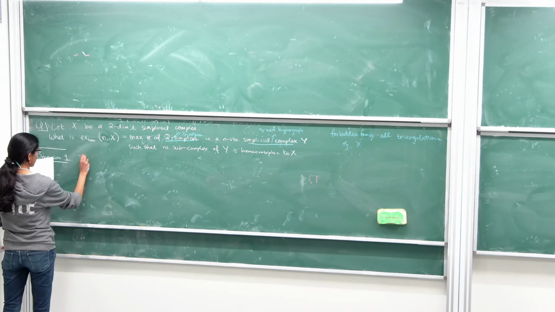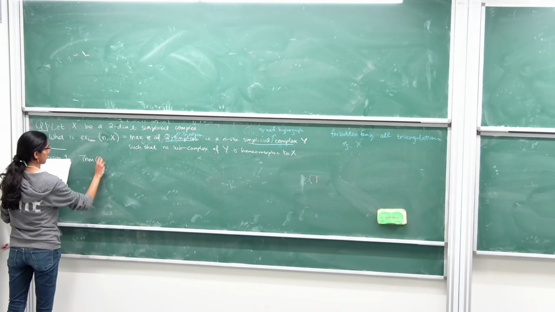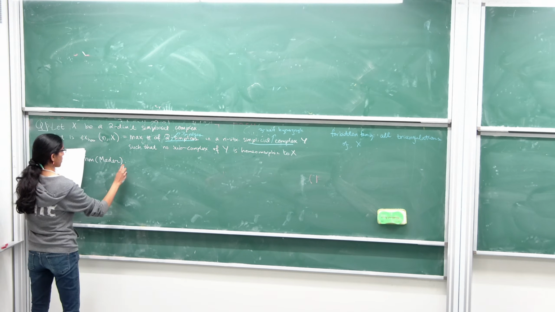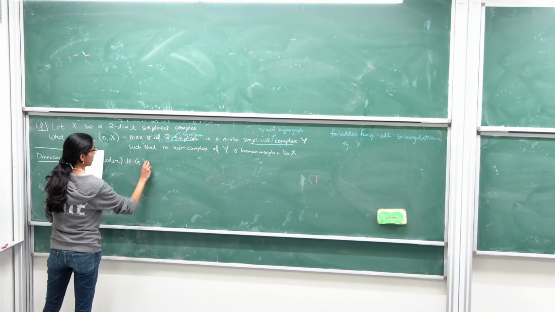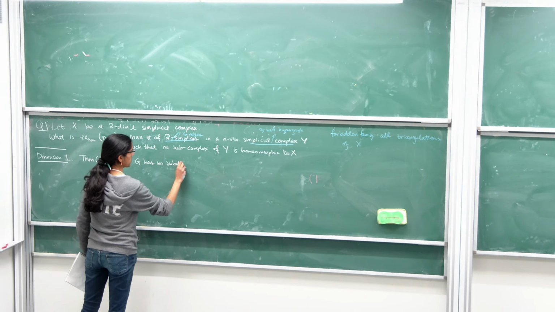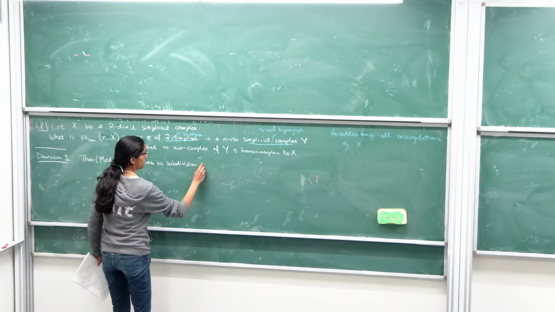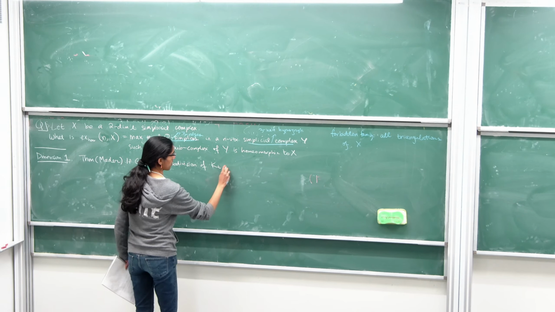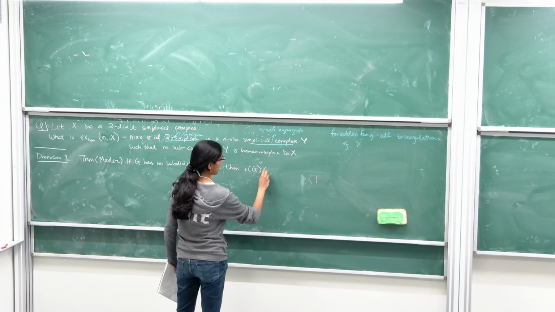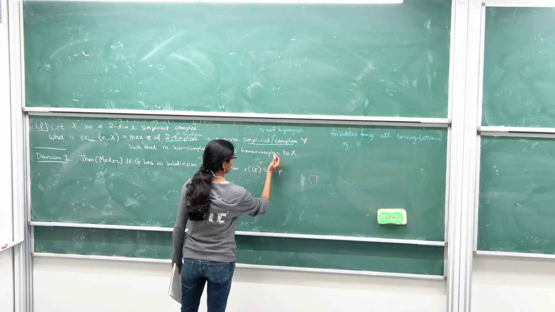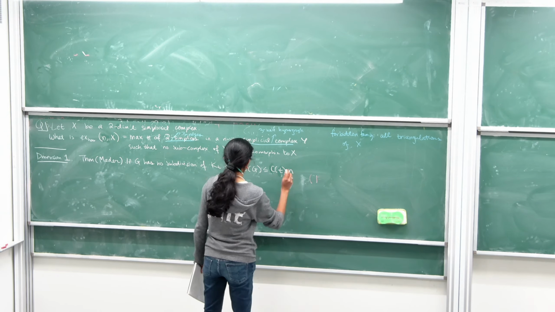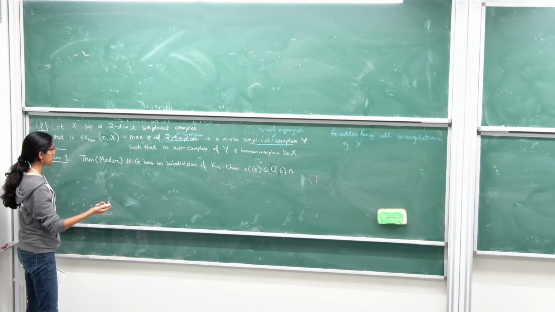And there's a theorem due to Mader that if G has no subdivision of K_t, then the number of edges in G is at most some constant depending on t times n, where n is the number of vertices.